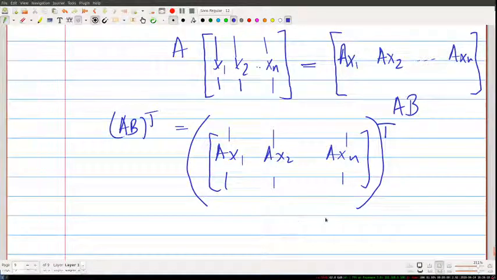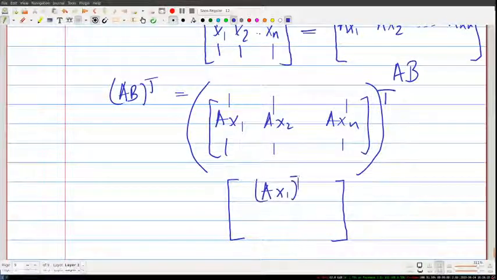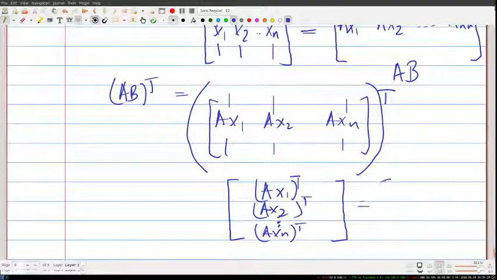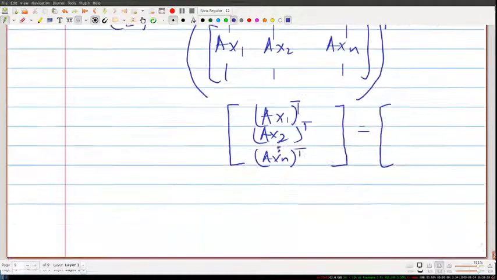So AB transpose becomes AX1 transpose, AX2 transpose, and so on up until AXN transpose, which is nothing but, using the fact we already discussed, that AX transpose is simply X transpose A transpose. So this is X1 transpose A transpose, X2 transpose A transpose, and so on, XN transpose A transpose.